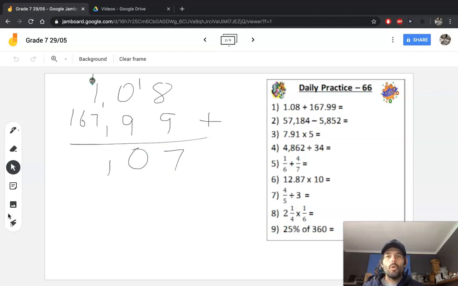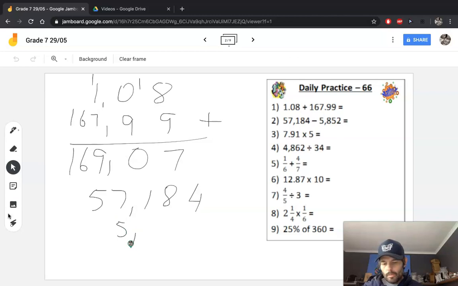And then we just add normally, and the key is to keep the decimal lined up, and that will give us 169.07. And then the subtraction of decimals, the same rules apply. Make sure that you put the correct numbers in the correct columns, and then you subtract and borrow the same way. So 4 minus 2 is 2, 8 minus 5 is 3.